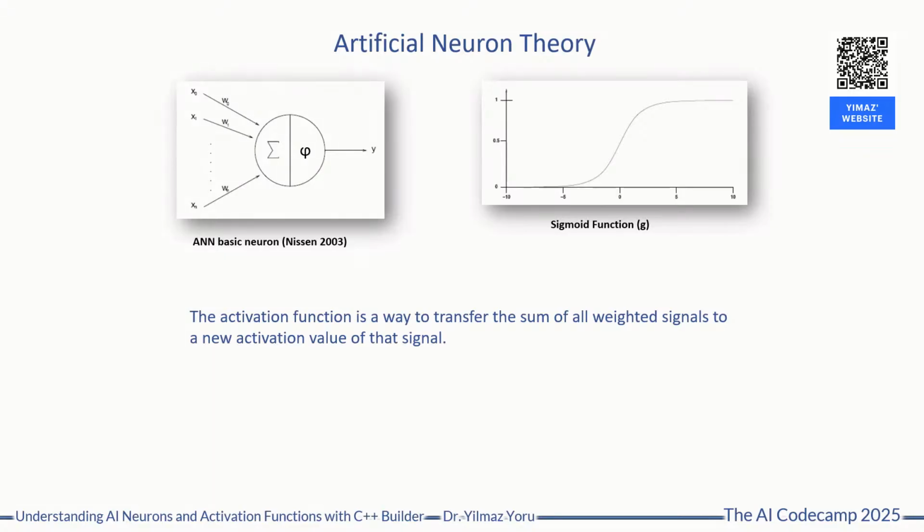The activation function, sometimes also called a transfer function or threshold function, determines the activation value from a given value of the net input function. Here the net input function is the sum of the signals times their weights, and the activation function gives a new value of this sum with the given function or conditions.